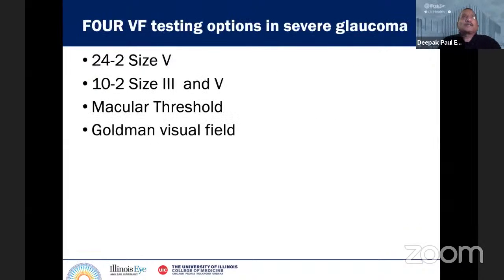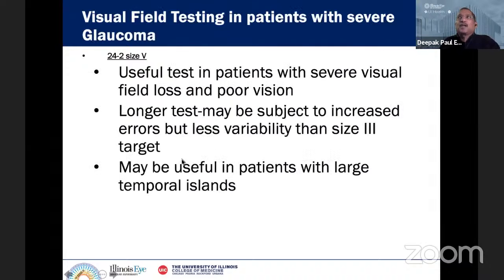So other options available to you are 24-2 using the size 5 object, or 10-2 with the size 3 and size 5 objects, the macular threshold, and of course the Goldmann visual field, which is not very readily available, and you don't have good technicians. A 24-2 size 5 object is useful in patients where there's very severe visual field loss and poor vision. For example, someone who is 20/200 or 20/400, you can test the visual field.